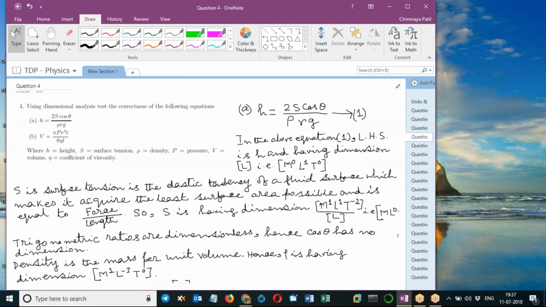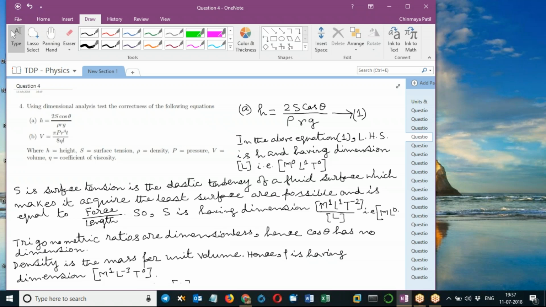Sir, can you please tell the formula for coefficient of viscosity? Yeah, very good question. That I will definitely tell you. The question is very relevant. So I will explain to you what is coefficient of viscosity.